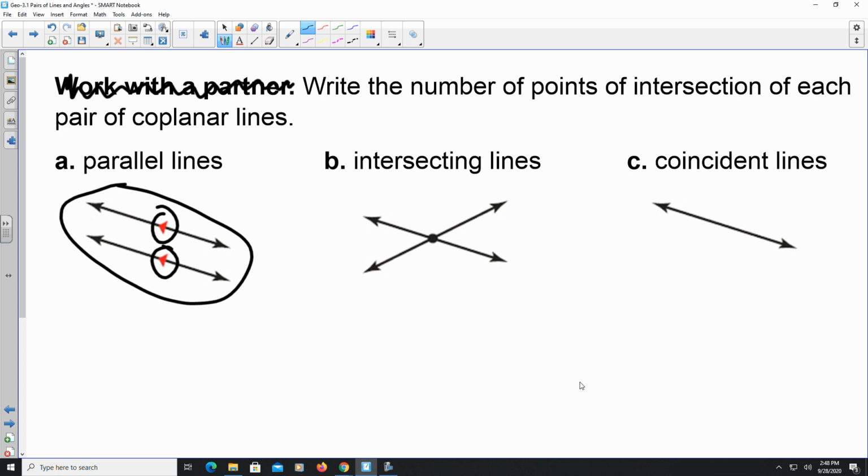For intersecting lines, we know that they are intersecting because they cross at a singular point, which is right there. And we know that it is a coincident line because it is a collinear line, which means that multiple points show up as in a line.